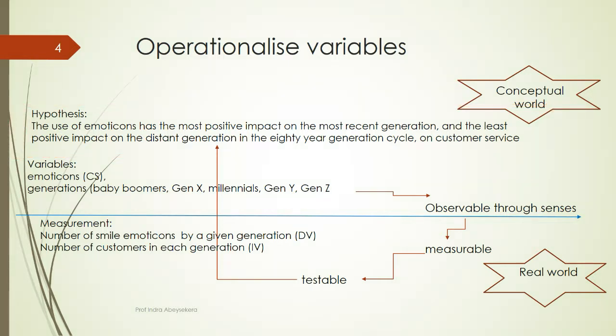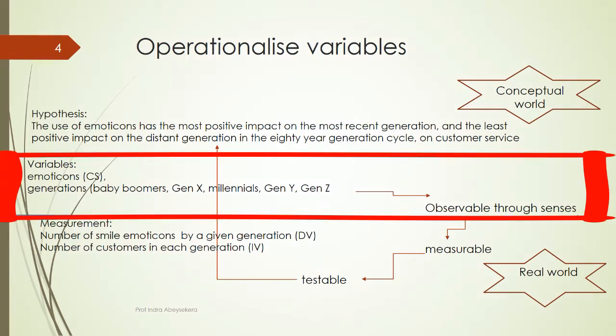So our variables here are emoticons for customer satisfaction, representing the worldview, which is the construct, and then the generations: baby boomers, Gen X, millennials, Gen Y, and Gen Z. Now these are variables.